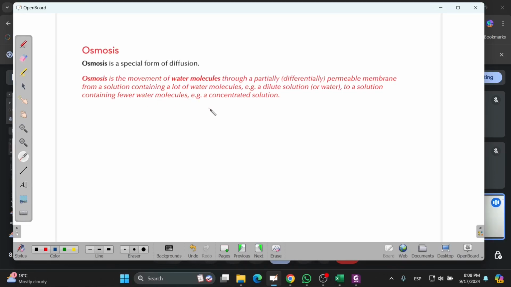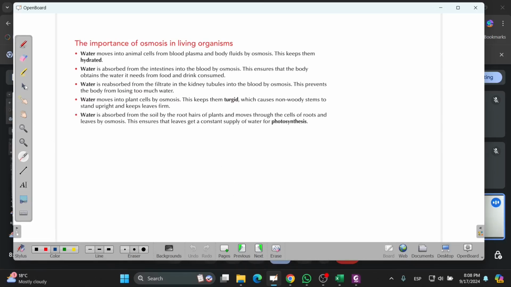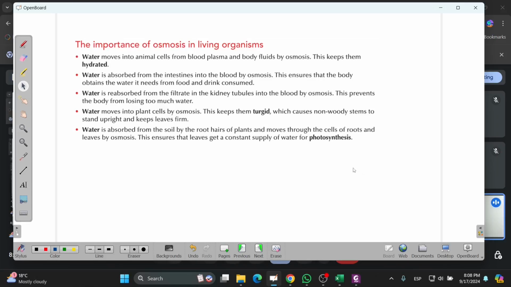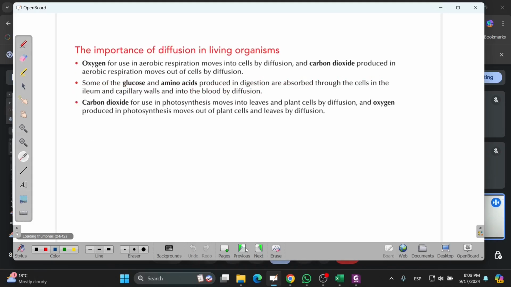This is the definition, and then examples of how water moves in living organisms. Water moves into animal cells from blood plasma and body fluids by osmosis. This keeps the cells hydrated. That is what I just explained here.